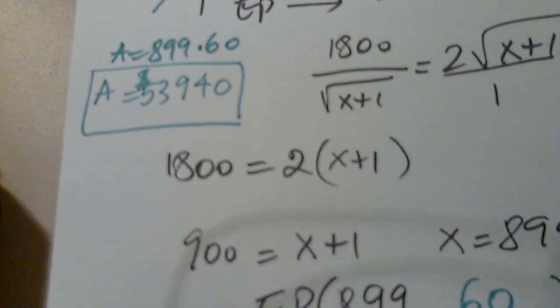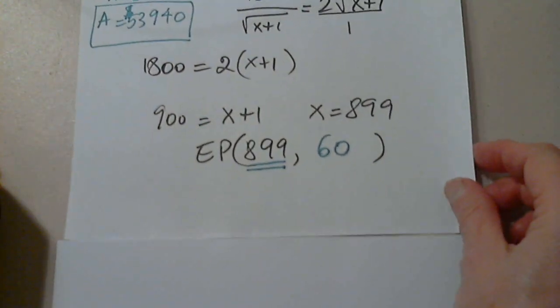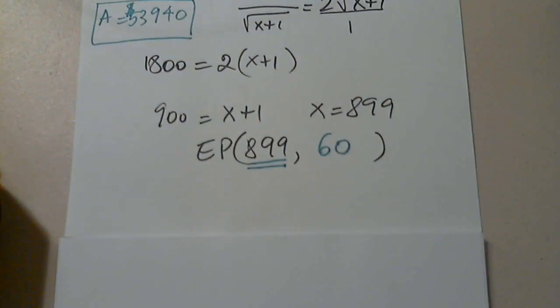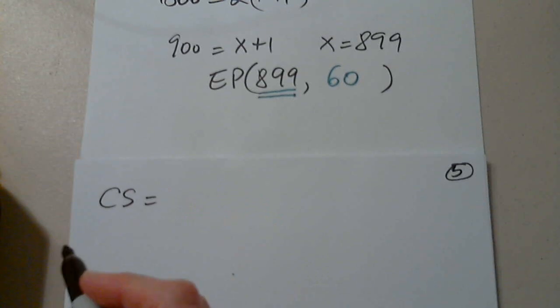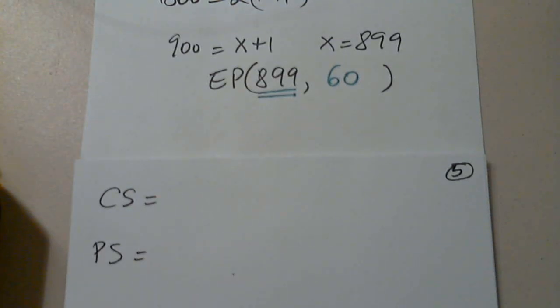So, we have two very simple formulas. That's my page 5. And what are the formulas in this case? Consumer surplus and producer surplus. We write the formulas and then we determine them.